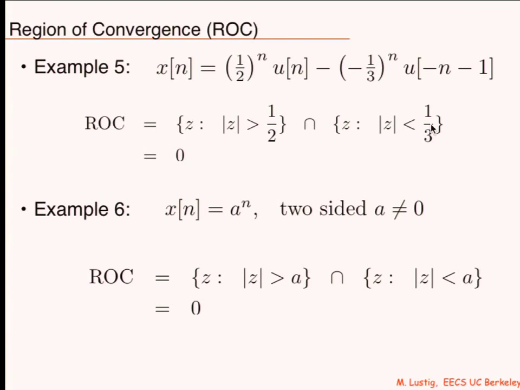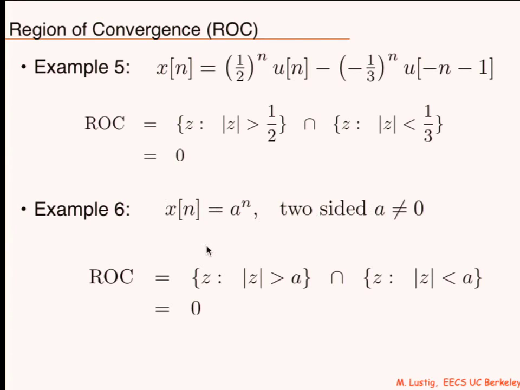Okay, the 0 set. What about the region of convergence of the sequence a to the n? This is a two-sided sequence, where a is not equal to 0, because then it's 0 and doesn't make any sense.